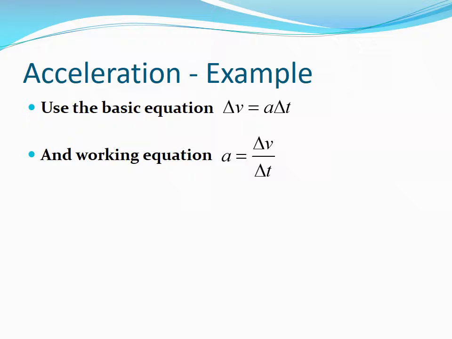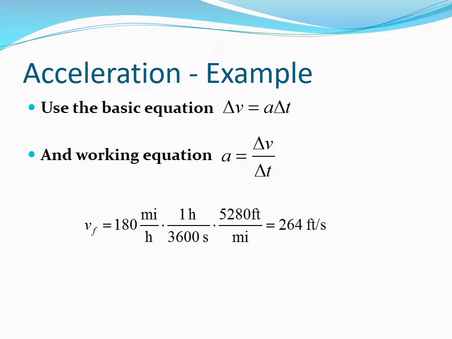We have to convert 180 miles per hour to feet per second. Since there are 3,600 seconds per hour, we divide by 3,600. Since there are 5,280 feet per mile, we multiply by 5,280. This yields 264 feet per second.